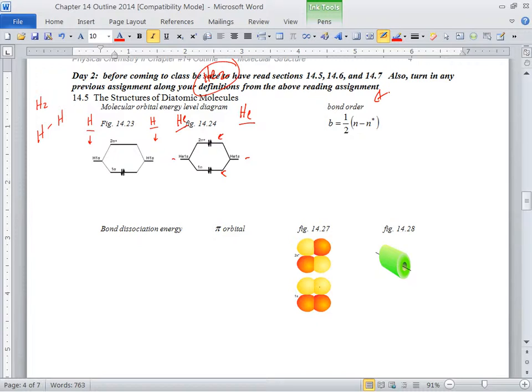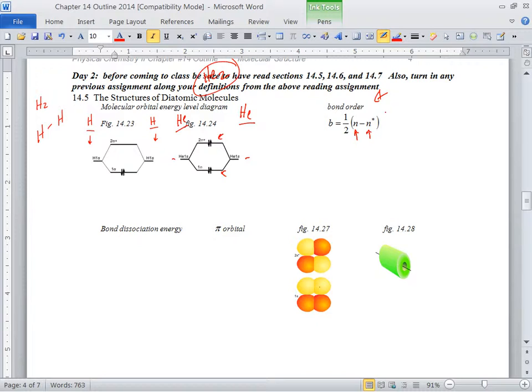But how do you calculate this bond order? Well, 1/2 times n minus n star. What do you think n and n star are? The star is the big hint. The number of electrons in the bonding minus the number of electrons in the anti-bonding.